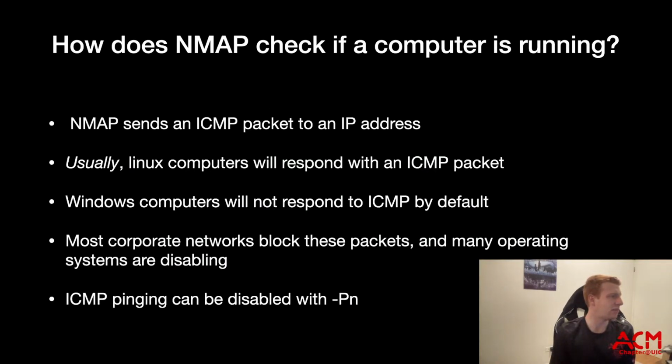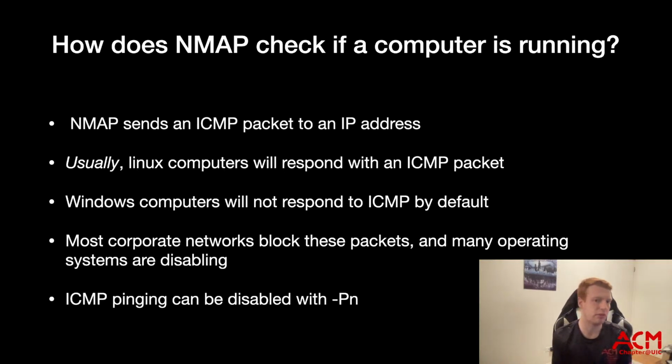So how does Nmap check if a computer is running? Well, we can detect if a port's open with TCP, just like we just showed you, but how do we detect if it's running? There's a couple of different ways. The easiest way, and most of the time in pen testing the first way that you check, is to give Nmap a list of IP addresses, and it will go through and send what's called an ICMP packet.